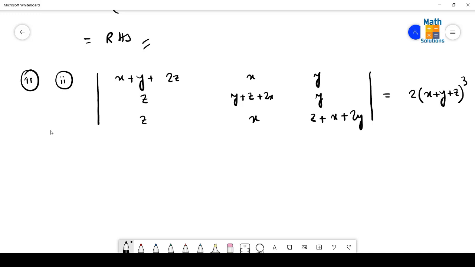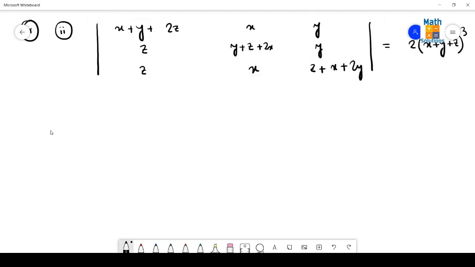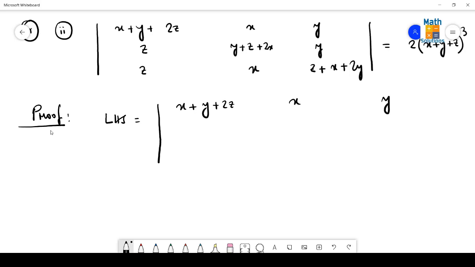So starting with the LHS, in the proof part, let's start with the LHS. In the LHS part, let's repeat it again. Twice z x, this is y, then z, y plus z plus twice x, then after y, then z x, this is x plus z plus x plus 2y.